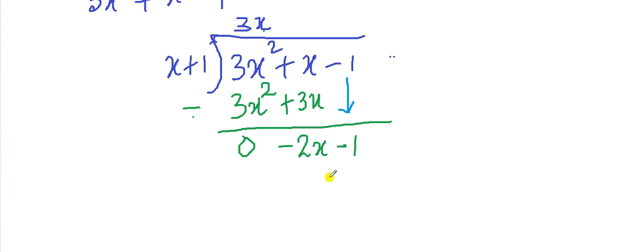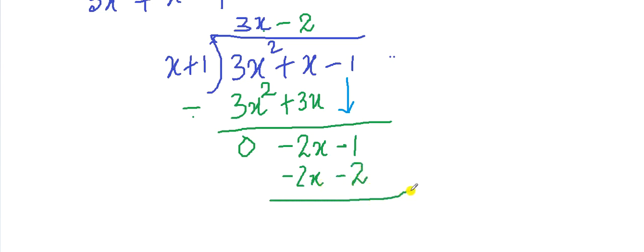Okay, now again we follow the same method. Negative 2x. What should be multiplied with x to get negative 2x? It will be just negative 2. So I am writing it here. Okay, so negative 2 times x gives me negative 2x, and negative 2 times 1 gives me negative 2.